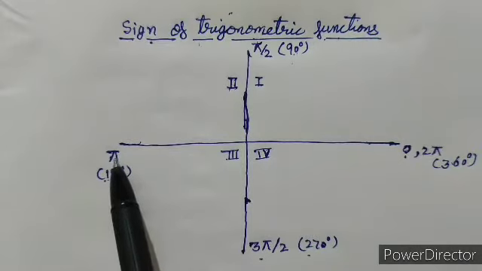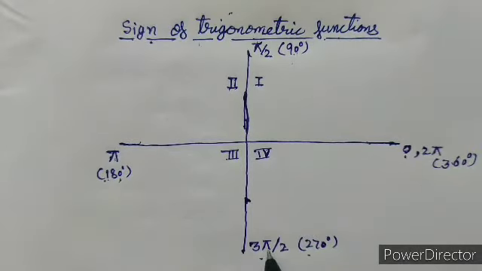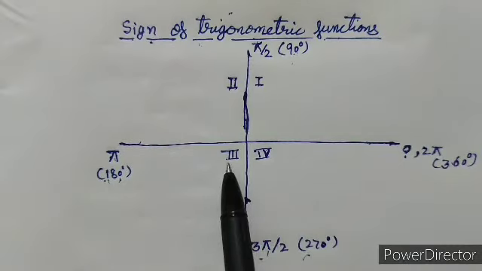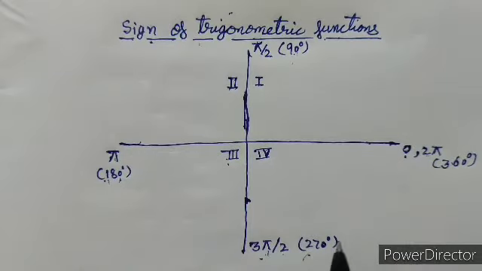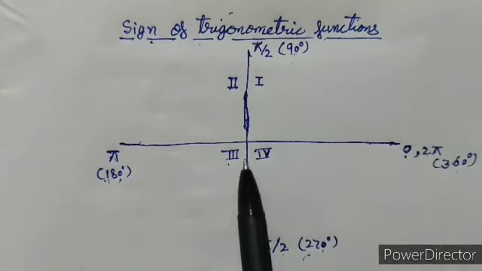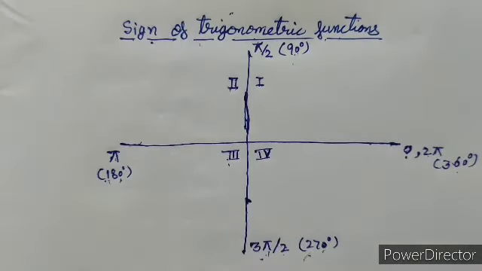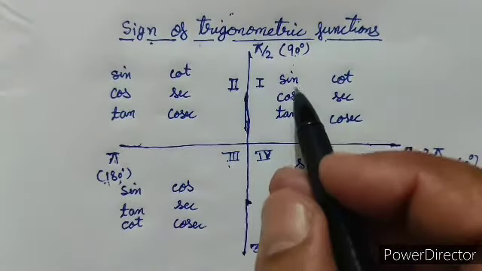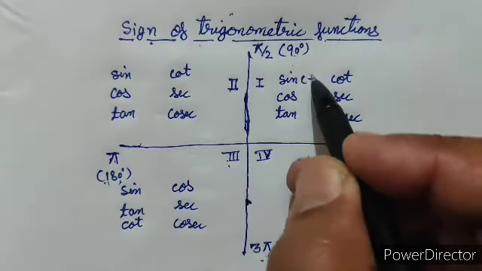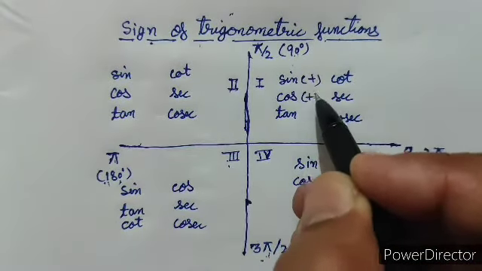The angles from pi to 3 pi by 2 radian or from 180 degree to 270 degree will be in third quadrant, and the angles from 3 pi by 2 to 2 pi or from 270 degree to 360 degree will come in fourth quadrant.